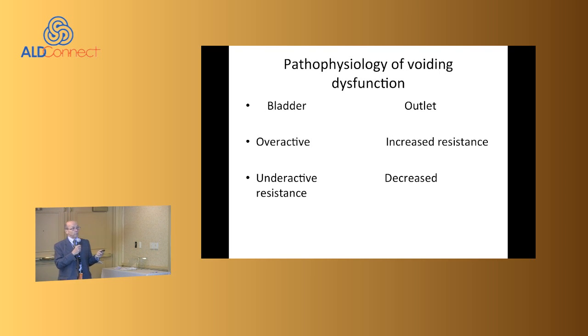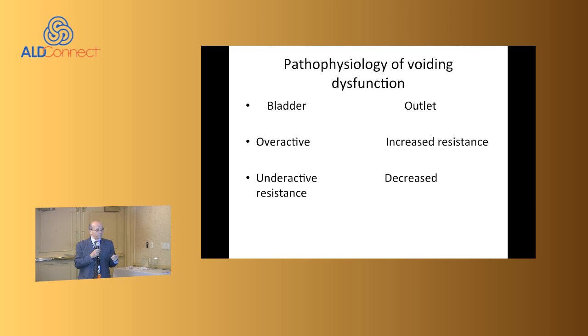In a simple way, what happens when things aren't going well in dysfunction, the pathophysiology? Again, in trying to keep it simple, you think of it as problems with the bladder and problems with the outlet. The bladder muscle can be overactive, meaning spastic, or it can be underactive.